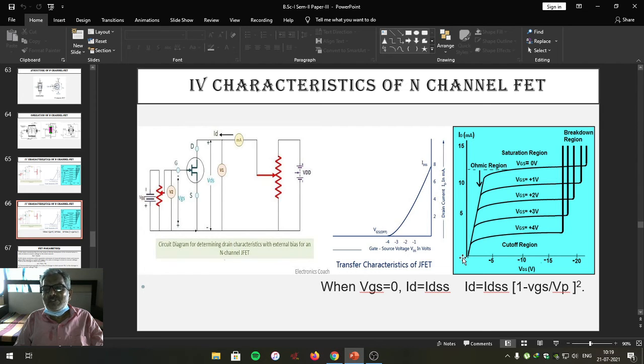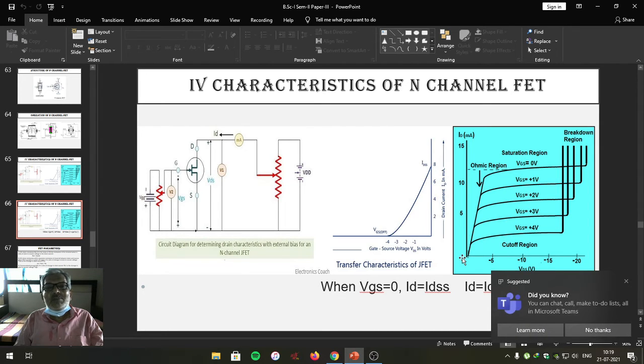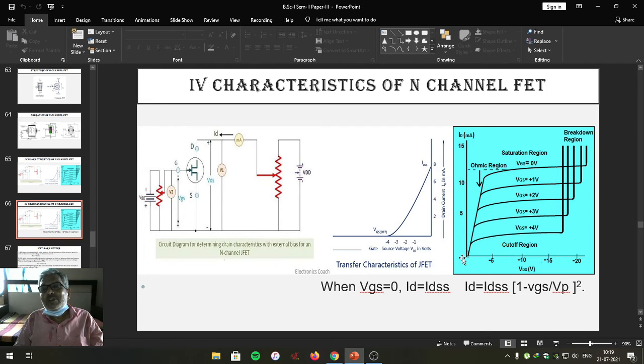This happens because at the beginning channel width is more. Source emits the charge carriers, and all the emitted charge carriers reach the drain. So drain current becomes maximum. After that, due to avalanche breakdown, there is a sudden rise in drain current, but this aspect is not used in the working of FET. This is the one conclusion which one can draw.